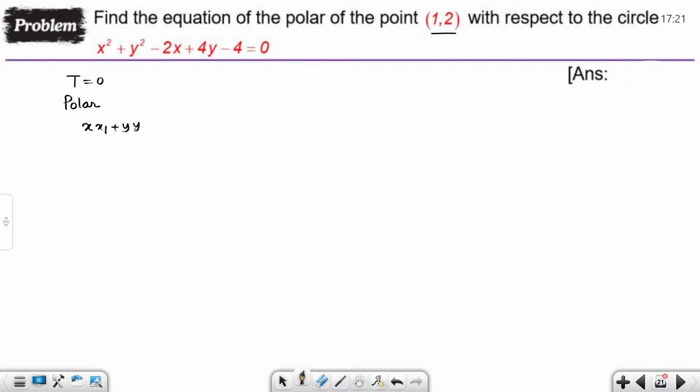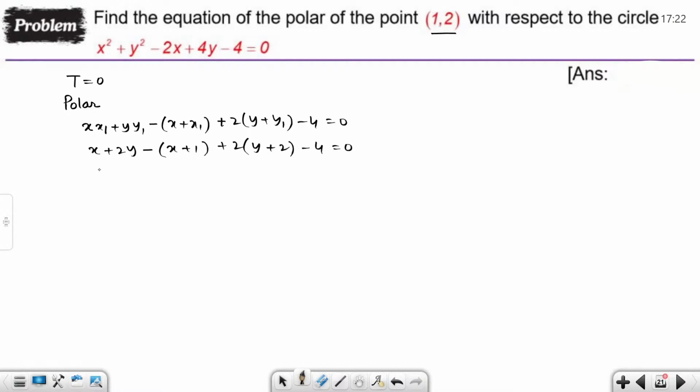xx1 plus yy1 minus x plus x1 plus 2 times y plus y1 minus 4 is 0. So in place of x1, y1, I am writing 1 and 2. So we are getting, therefore the equation of the polar will be 2y minus x minus 1 plus 2y plus 4 minus 4 is 0.